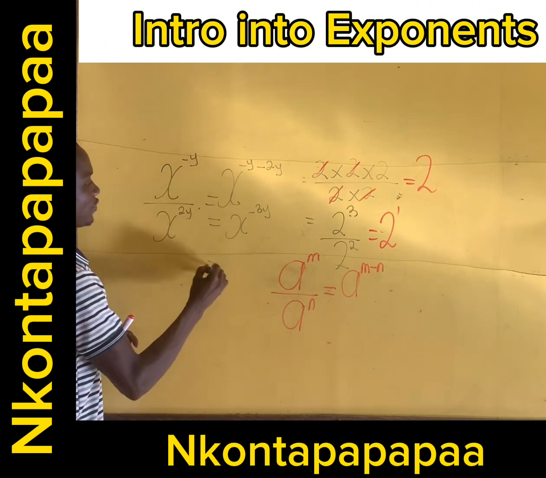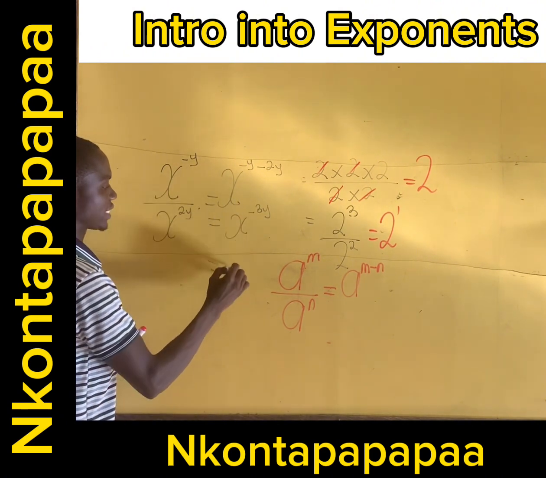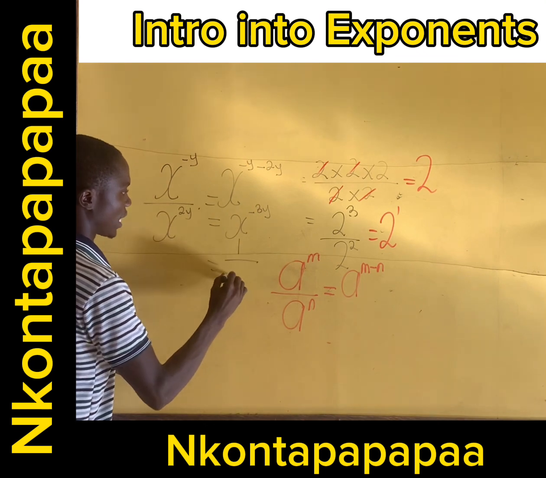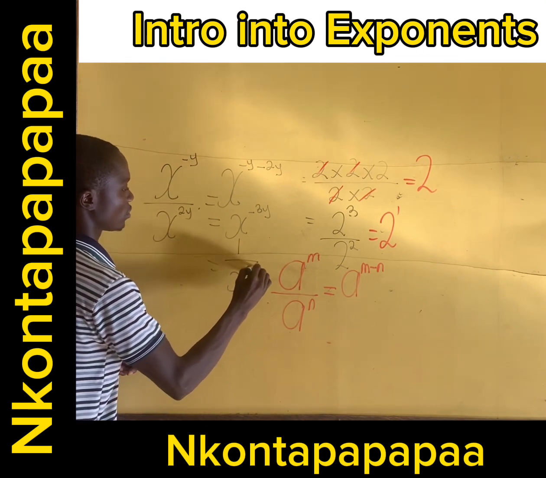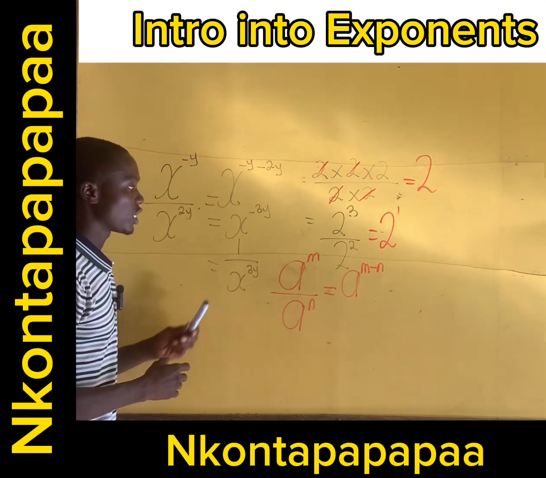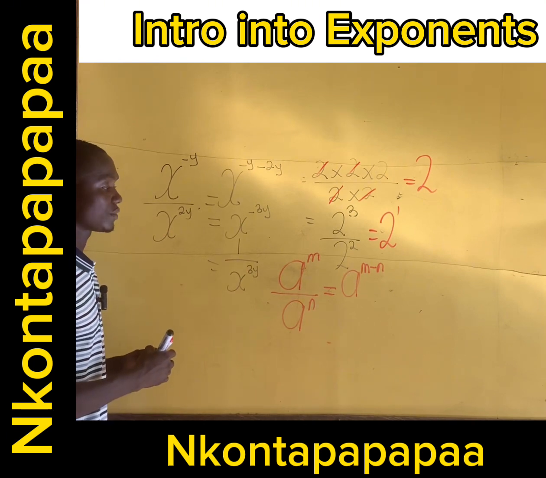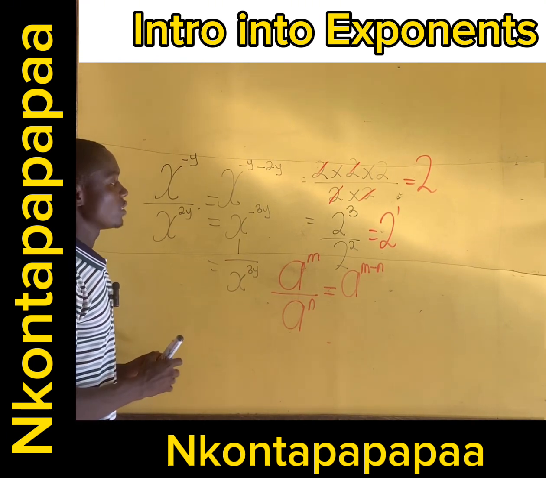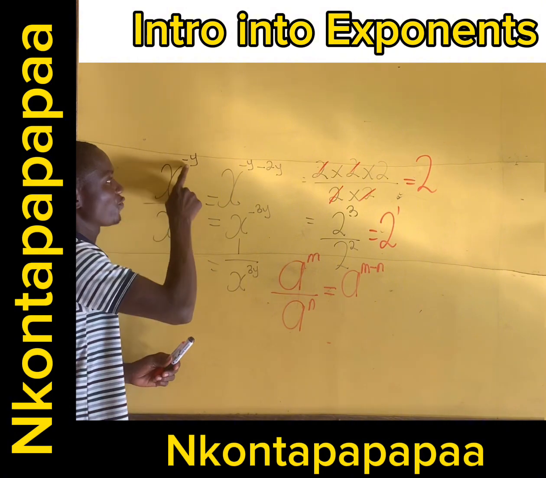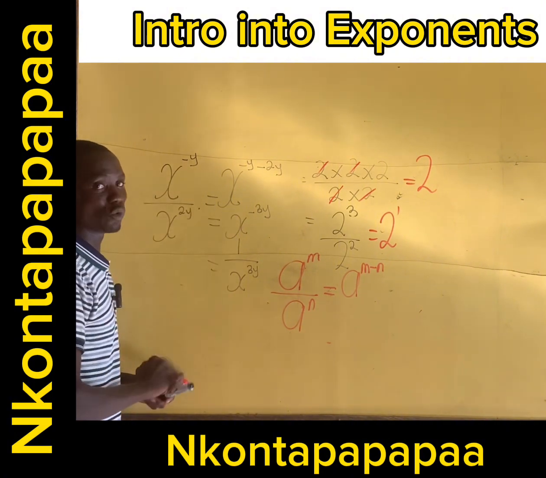Wow. And if you have negative exponents, you can write it as 1 divided by x positive exponent. I think we will explain this later in future videos in a very simple way. So we subtract this power from this power and we move on.